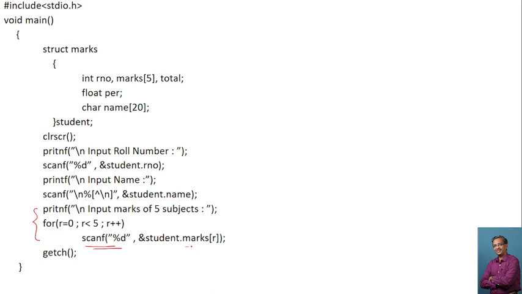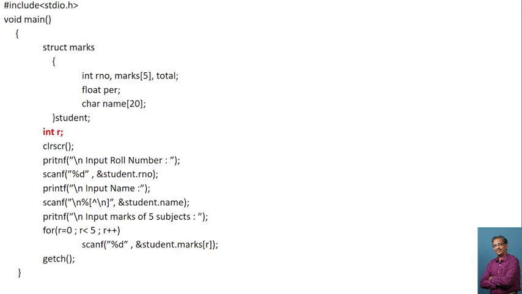Now here we are reading the array, and this is present within your student structure, so we have to use student dot marks, then for r equal to 0, r is less than 5, r plus plus. Now the most important part is where you declare this r. This r is not connected with the student structure, we are using it as an index, so we declare this variable r separately.